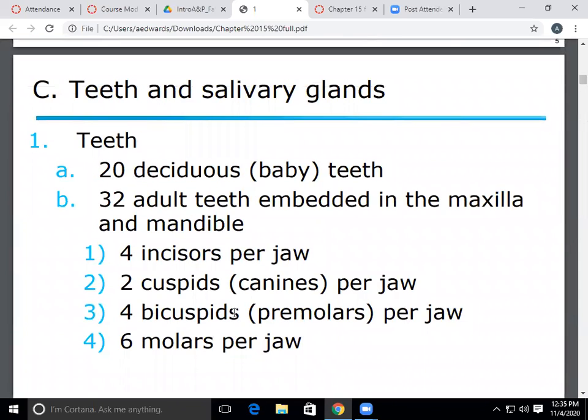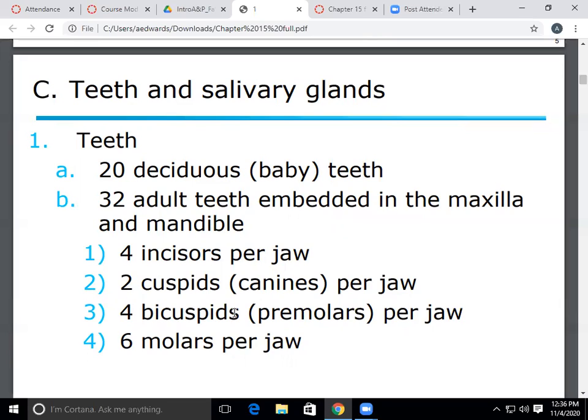Next, we'll talk about the teeth. So the teeth, you start out as you're growing, you got baby teeth, right? Also called deciduous. And there are 20 of those. When you start getting your adult teeth, you're going to end up with 32 adult teeth. And those teeth are embedded in your maxilla, upper jaw, mandible, lower jaw.